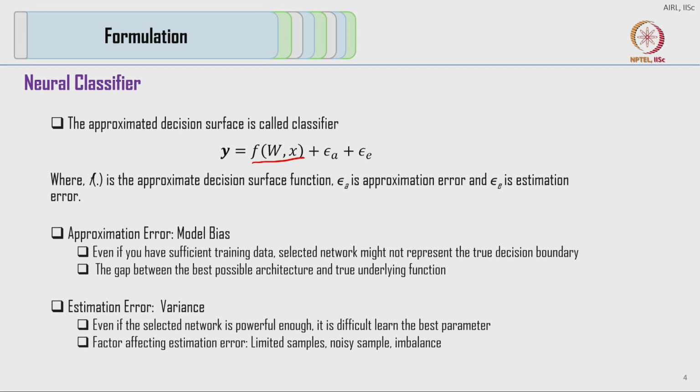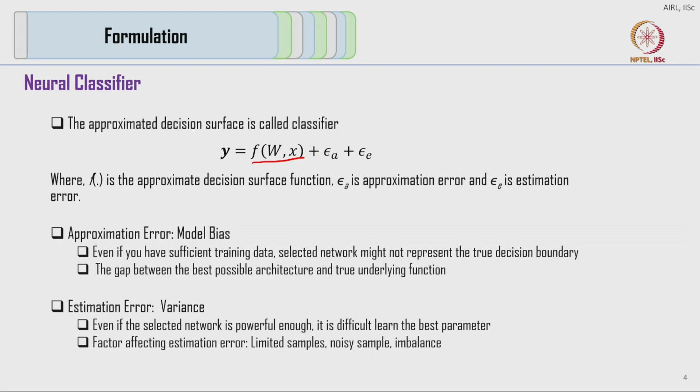If you talk about a multi-layer perceptron, assuming there is only a single hidden layer, there is a weight connecting the input layer and the hidden layer, and a weight connecting the hidden layer and the output layer. All those weights which we are going to update using gradient descent, I am representing as a capital W. That is my tunable parameter.